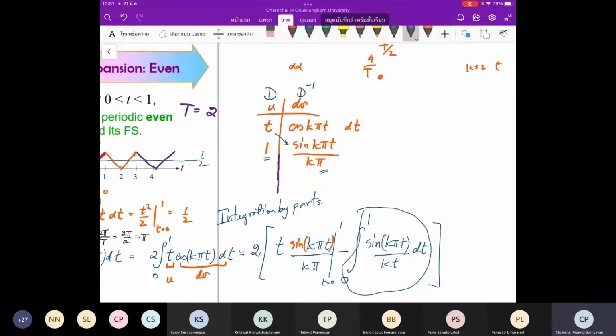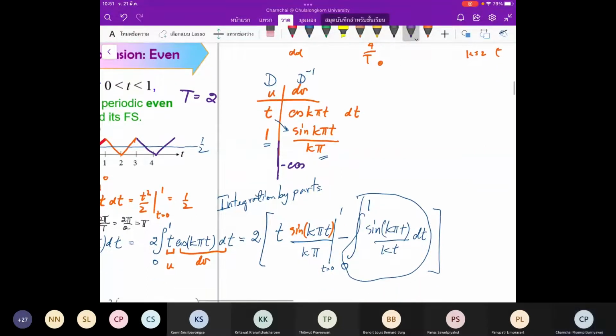It would be negative cosine k pi t over k squared pi squared. So this whole thing is going to be negative, so we need to multiply by negative here and multiply here. Negative times negative becomes positive, cosine k pi t over k squared pi squared.